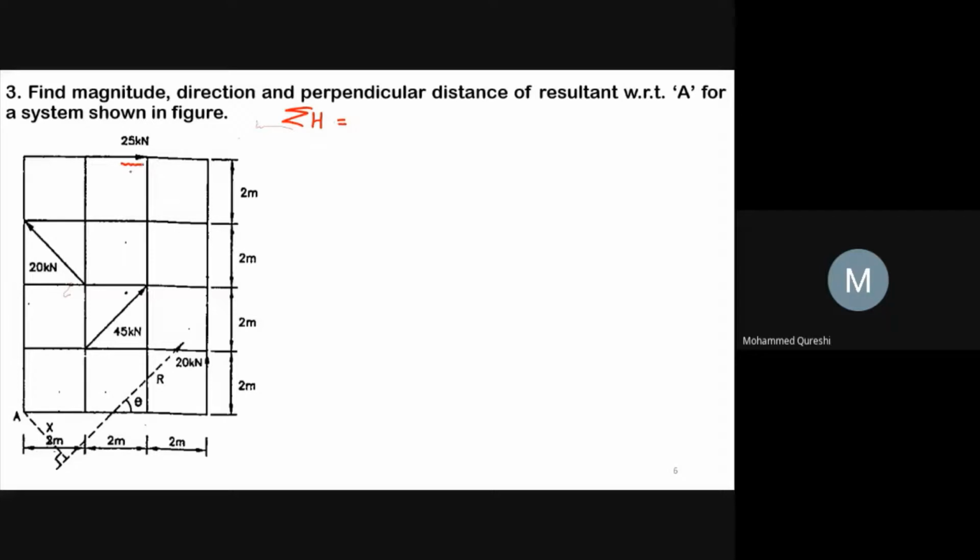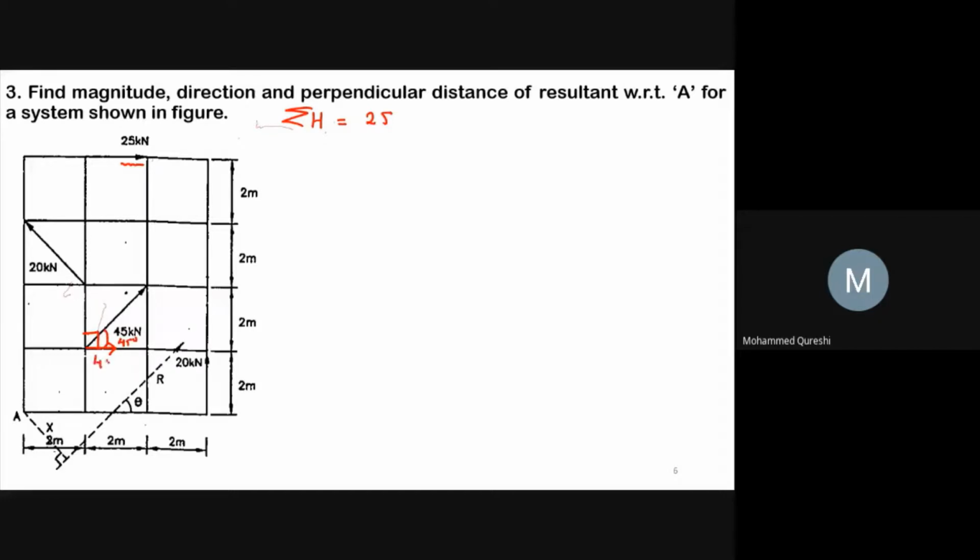25 kilonewton and it is going towards positive x-axis, so plus 25. Then 45 kilonewton. Here the total is 90 degree, hence this angle will be 45 degree.